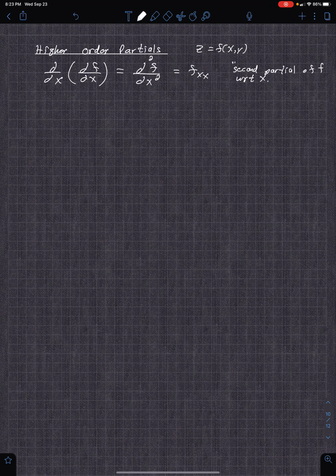And then similarly, partial f with respect to y, that's the same idea. So it's partial squared f with respect to y squared, partial yy. That's the second partial of f with respect to y.